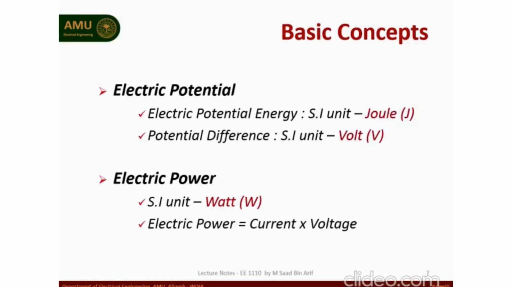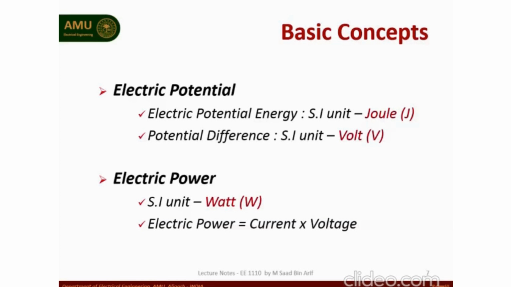Dear students, let us summarize what we learned today. In today's lecture we discussed the basic concepts of electrical engineering. We started with electric charge, then discussed electric current, then electric potential, and then electric power.